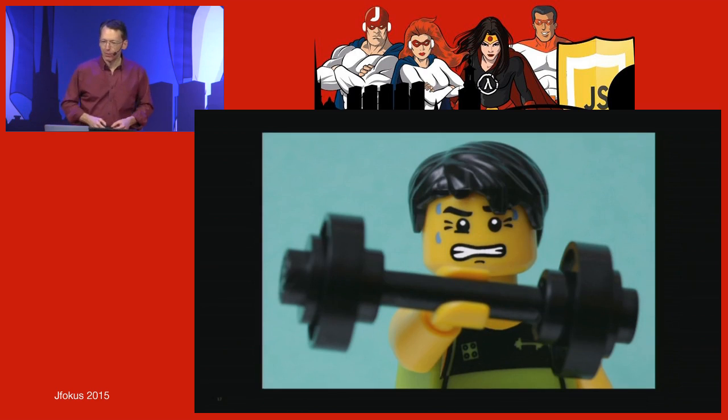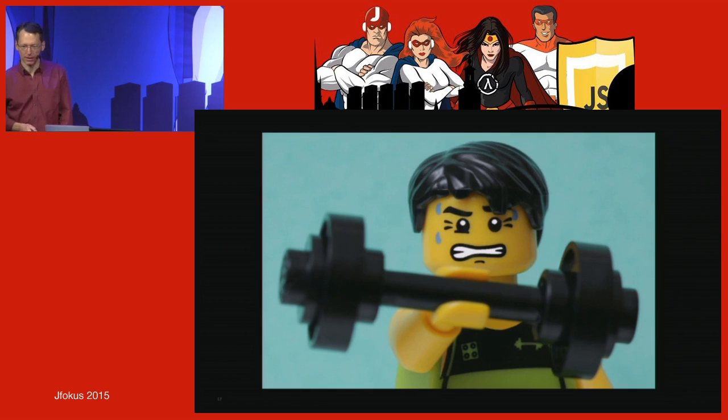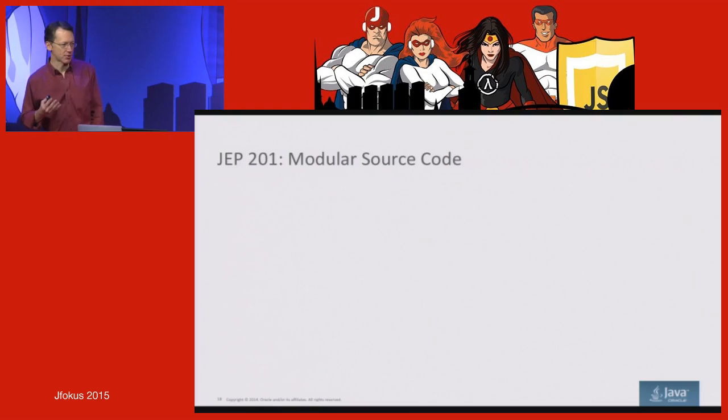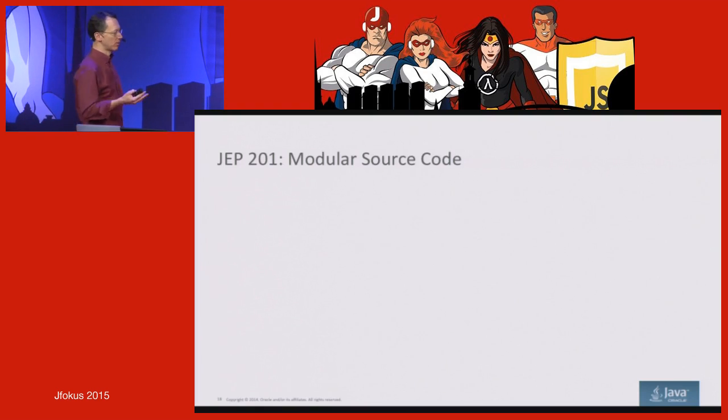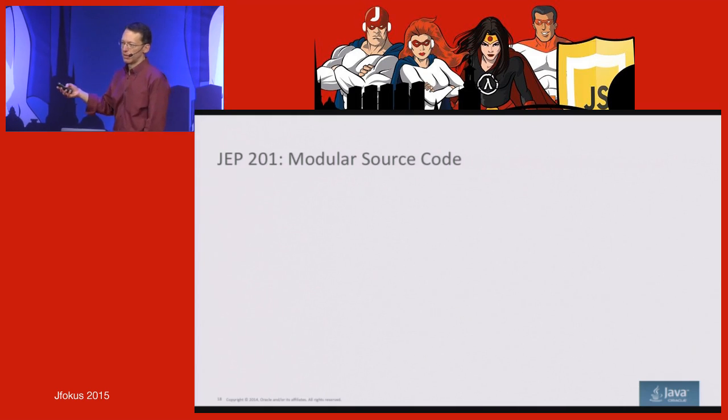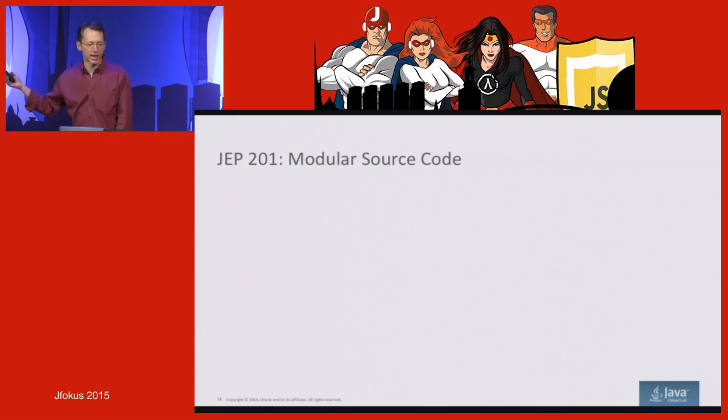All right. There is no gain without pain. Here are some of the changes we've made, some are more painful than others. The first one is the change to modularize the source code. So this only affects people who work with the JDK source code, but if you ever look at OpenJDK and you've seen the structure in JDK 8 and JDK 7, the new structure is now very different.